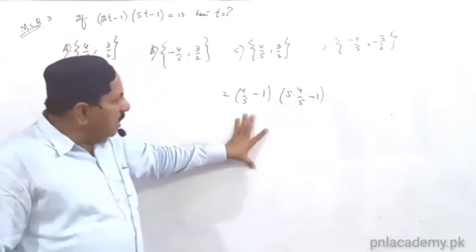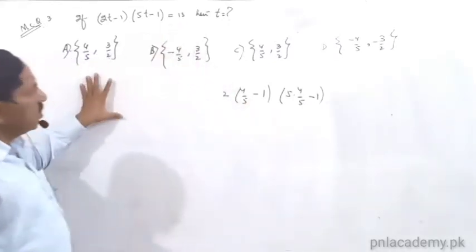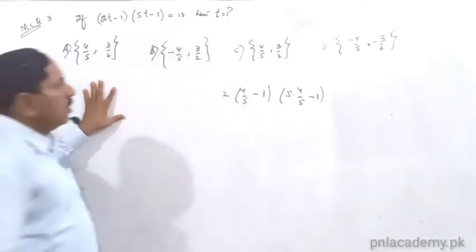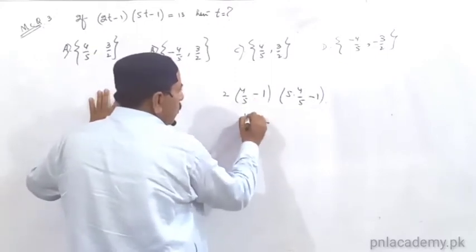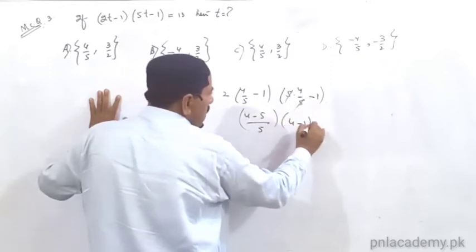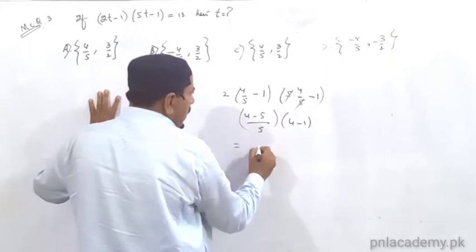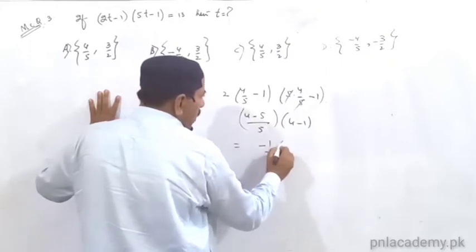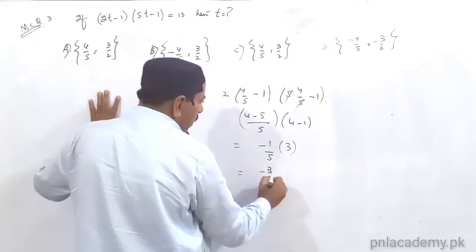If with respect to calculation we get the value 13, then the root is correct. So 5 is the LCM, 4 minus 5, 5 cancel, 4 minus 1. This will be 4 minus 5 minus 1 upon 5 into 3. Result is minus 3 upon 5.